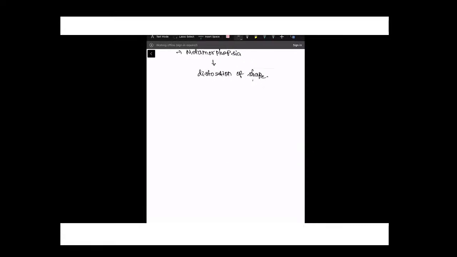This metamorphopsia occurs in all types of macular disorders.